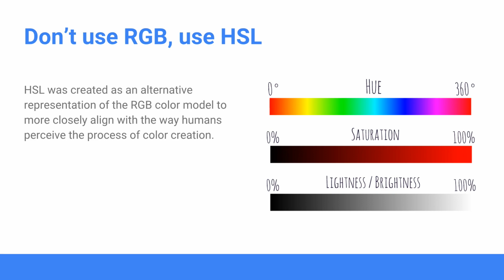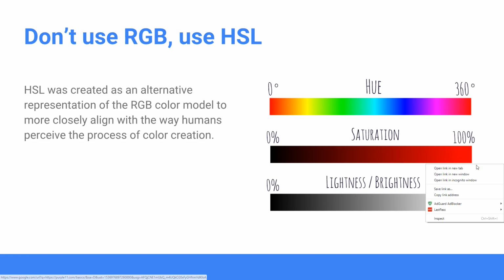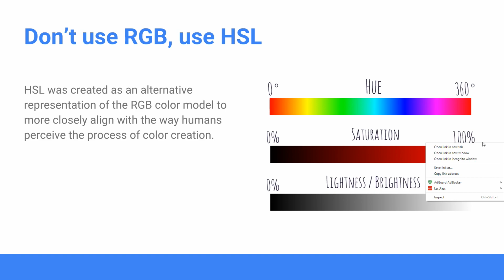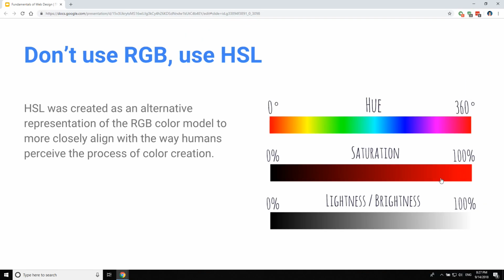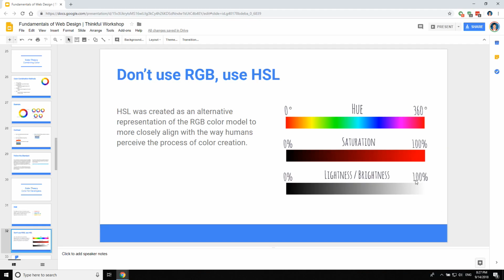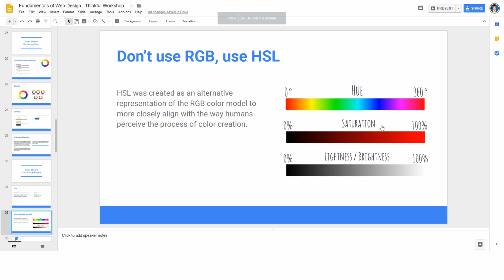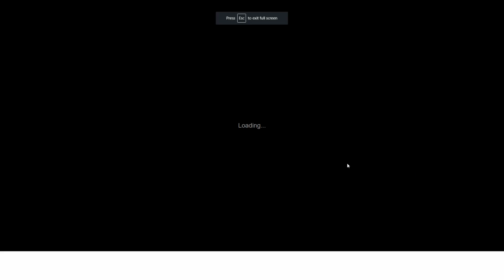So you have 3 numbers for HSL colors. For example, if you make red, red would be 0 hue. Then if you wanted to make it a super poppy red, it would be 100 saturation. And then if you wanted to make this super bright, you would set brightness to 100%. But that would probably be a red. So you might want, excuse me, I shouldn't have exited but then re-entered.